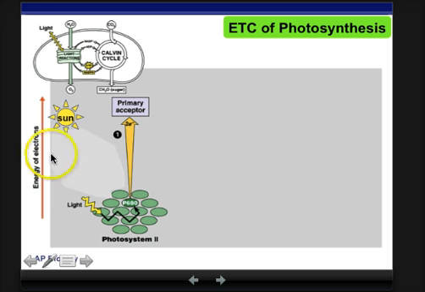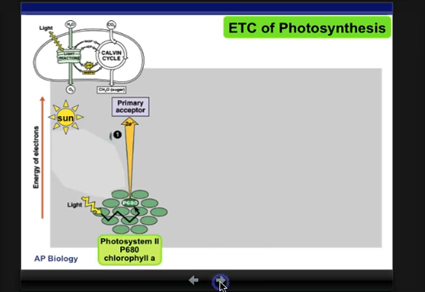And this is showing us the energy of electrons. So photosystem 2, as I said, is that P680, 680 nanometers of light, and chlorophyll A. So there's step 1. Light comes in, electrons come out. Once we hit the chlorophyll, chlorophyll gets excited, puts out a couple of electrons.